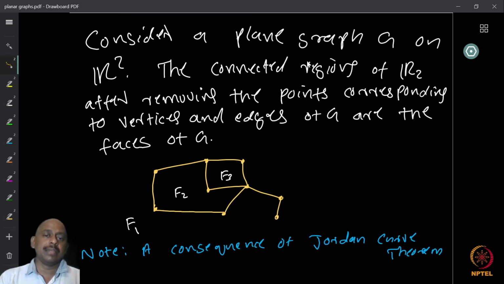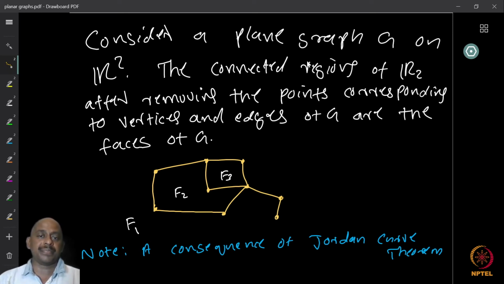Now, if there is a closed curve on the plane R2, then this closed curve separates the plane into two parts. One is the inside part of the curve, and one is the outside part of the curve.